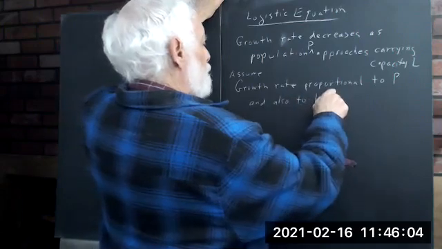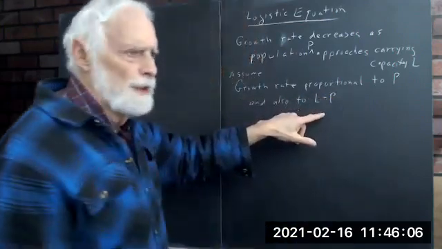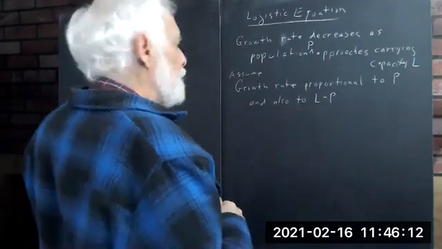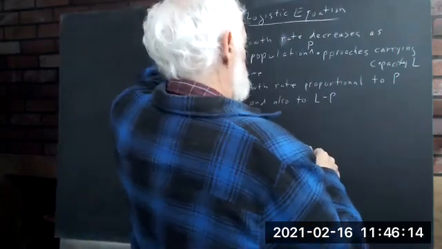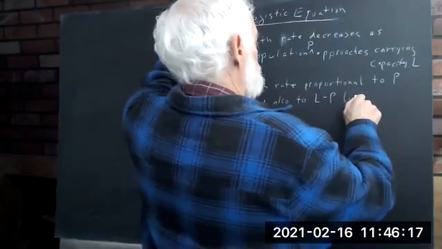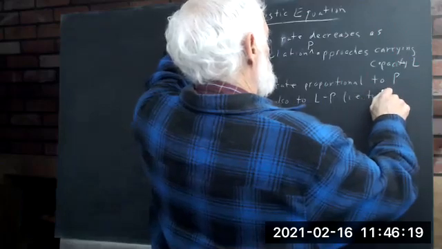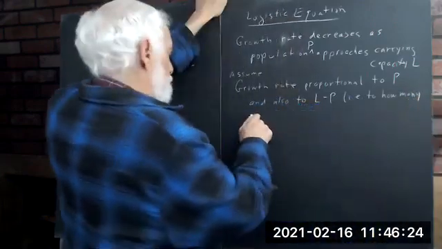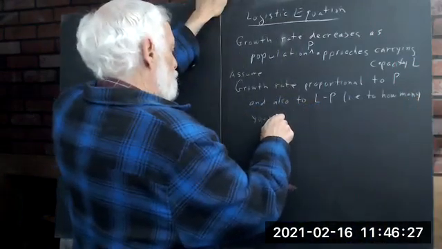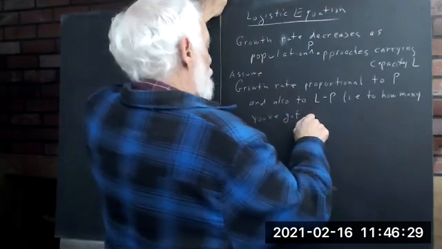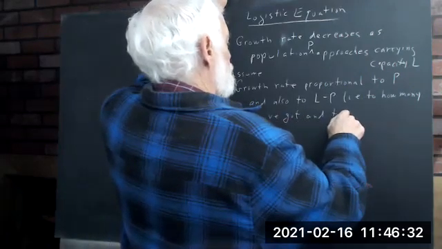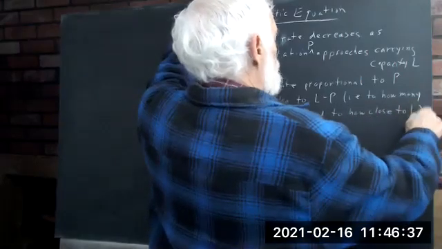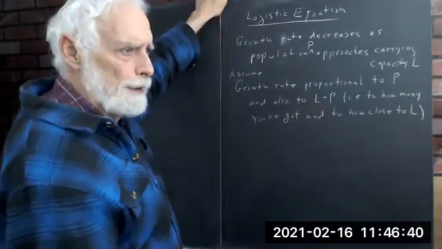And also proportional to L minus P. That's how close you are to the carrying capacity. That's how many you've got. That's how close you are to L.